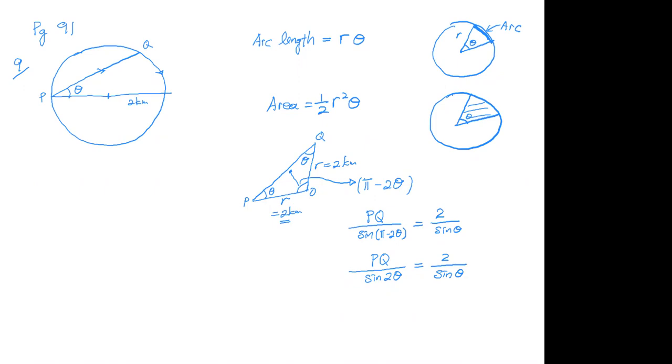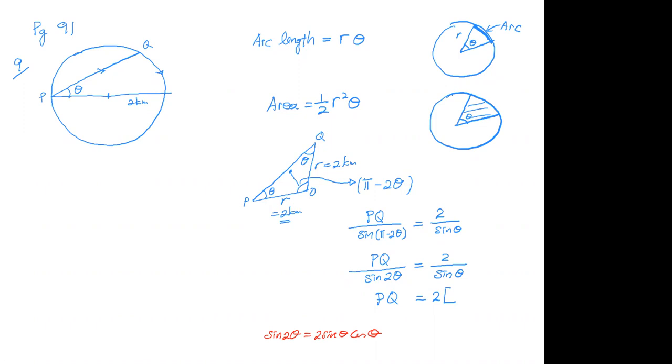So these are all the trigo formulas that you have to know. So PQ is equal to 2 over sin 2 theta. Okay, can someone tell me sin 2 theta, I can write it as what? Still remember we have the double angle formula? Yes.